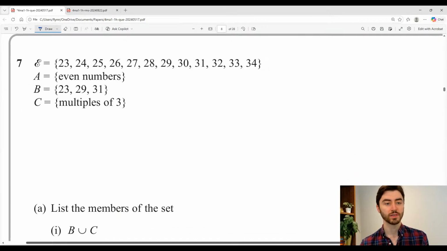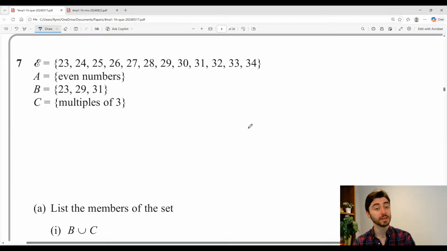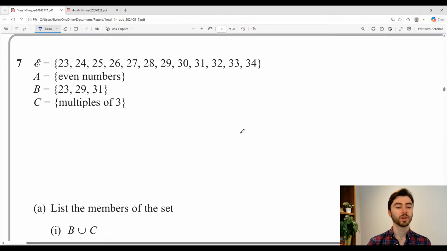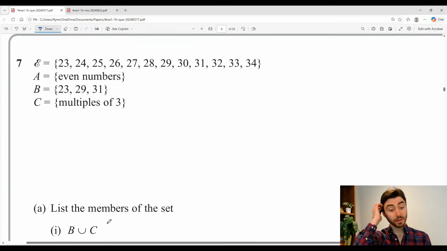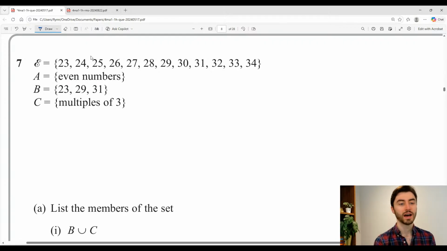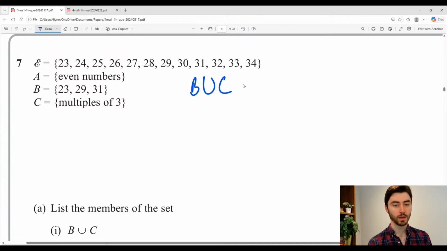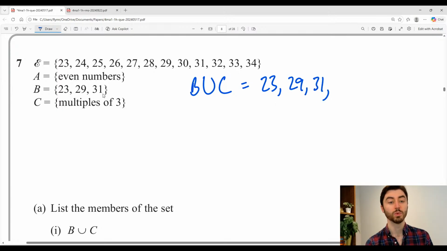Right, so question 7. This looks like Venn diagrams immediately. So we're going to list the members of the set of B union C. So B union C means anything that is in B or anything that is in C. So out of this universal set, B union C would have all the ones in B and also all of the ones in C, which are the multiples of 3.